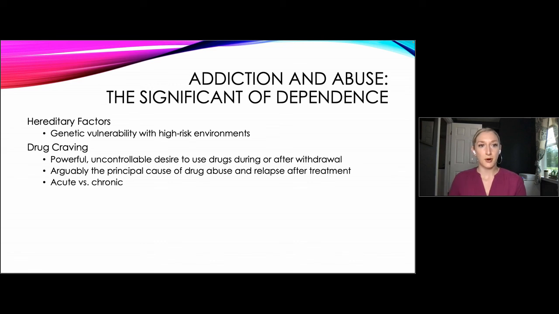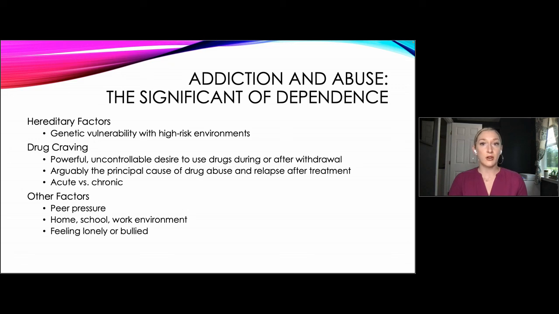They go back to that bar, and now all the environmental factors present in that bar are eliciting positive memories of when they used cocaine, and now they're craving it. Other factors can include peer pressure, home, school, and work environments, feeling lonely or bullied, and even the media can all influence how dependent a person becomes on a drug, which can lead to addiction and abuse.